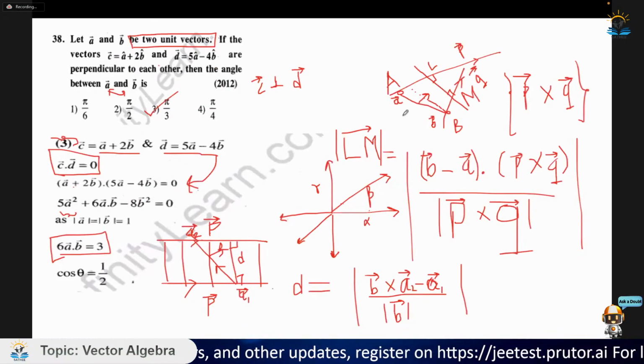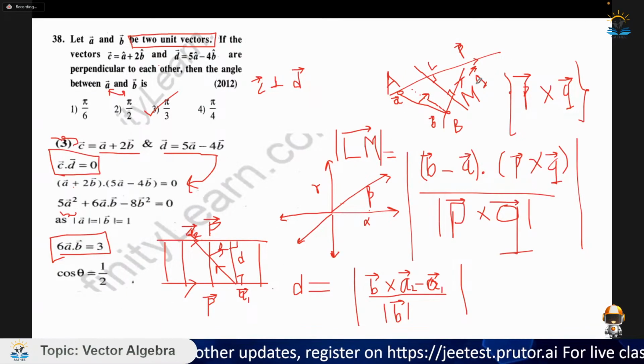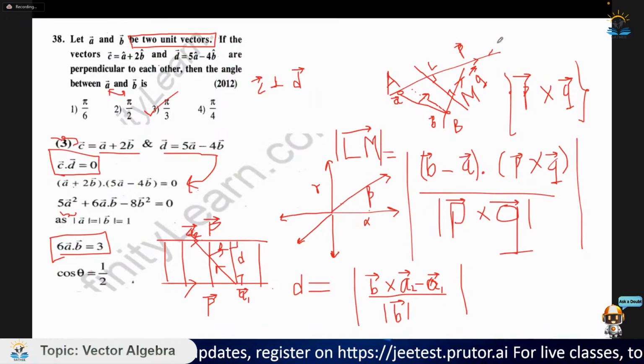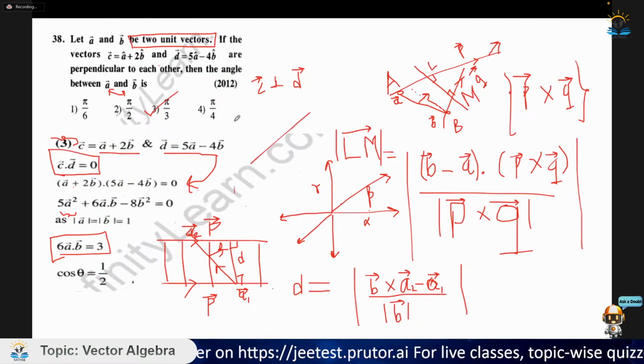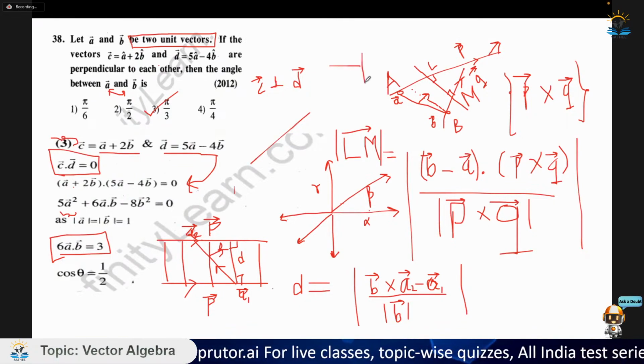Okay, so any line, if you want to define a unique line in space, this line can be like this, like this. So how is it unique?